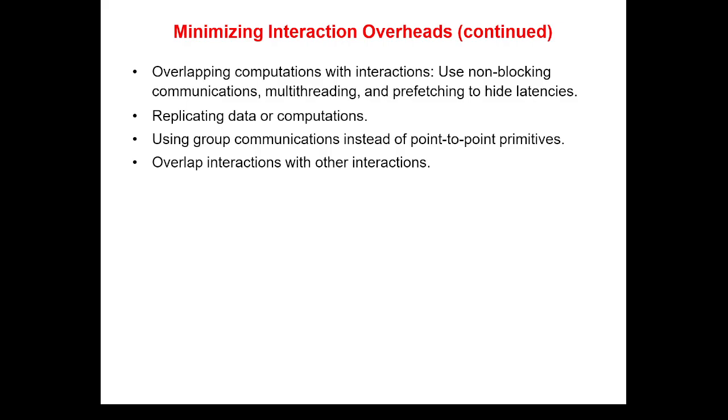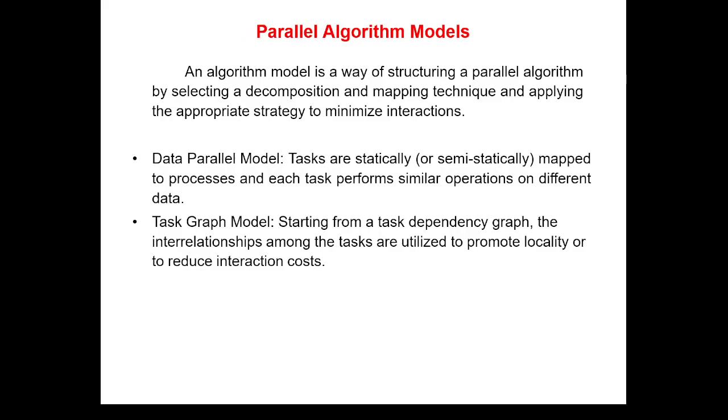Use group communication instead of point-to-point primitive. Daripada kita pakai one-to-one, better kita groupkan together so that dia boleh share among the process and also the task, dan lebih mudah communication itu berlaku. And kita akan overlap interaction with the other interaction.